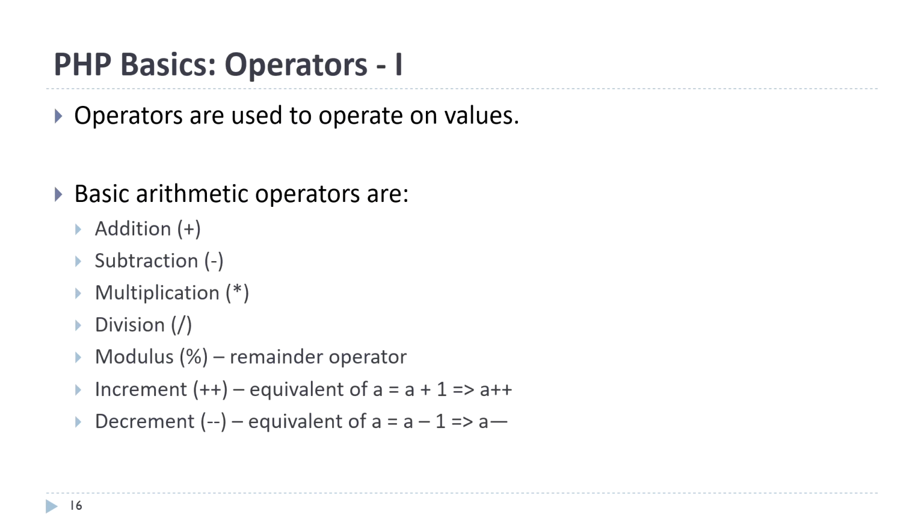All right. So, now comes the basic operators of PHP, the main mathematical operators. Operators are used to operate on values. The basic arithmetic operators in PHP: if you have multiple values, then addition.